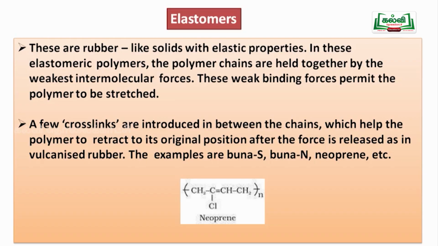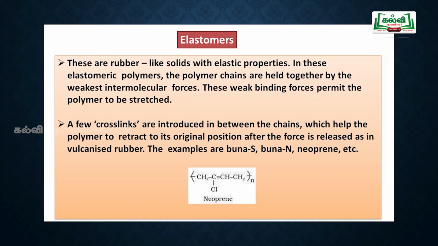So first one, elastomers. Elastomers are rubber-like solids with elastic property. In these elastomers, chains are held together by the weakest intermolecular force. The intermolecular force between the polymer chains is weak and there are very few cross links, so that on stretching, the polymer gets stretched. When you release the force, it will retract to its original position.